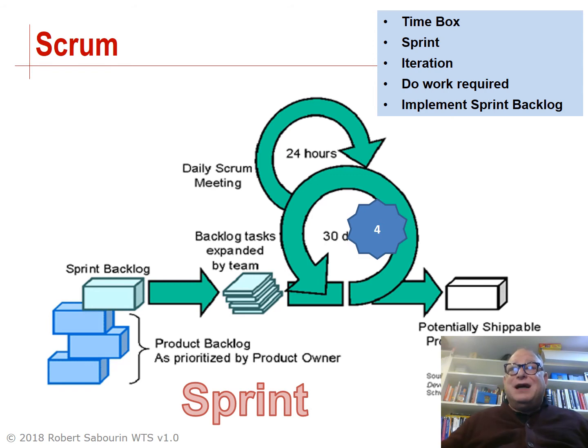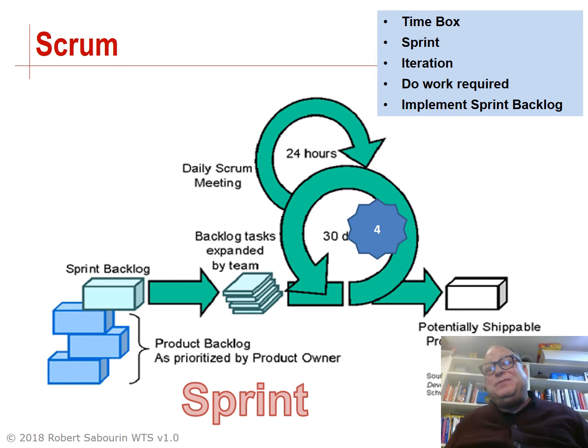The sprint itself is a time box. In Scrum, we see a common sprint size being between 1 and 4 weeks of effort. I've actually never seen sprint sizes less than a week, and it's very rare that I see them more than 4 weeks.